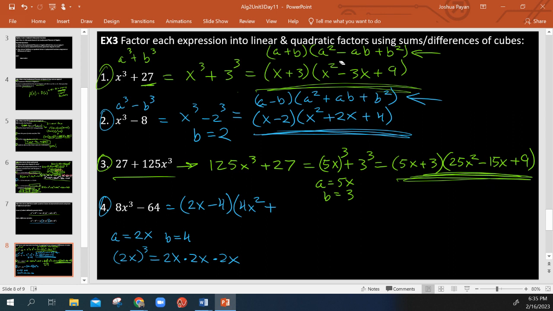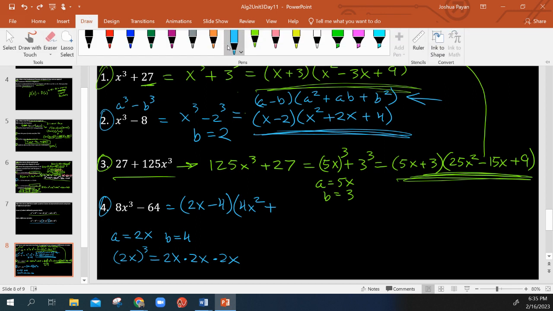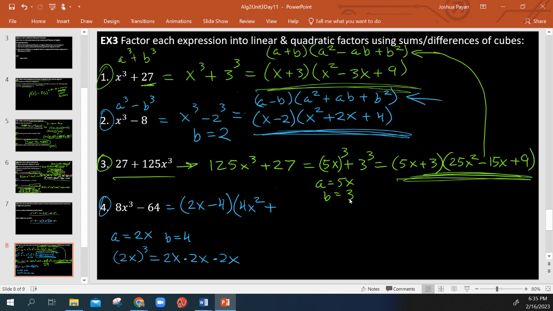So remember, sums of cubes have a minus there, right there. I told you it was going to happen. That makes me feel a little bit better, at least that I knew it was going to happen eventually. Anyway, so 4x squared plus a times b, so 4 times 2x, so 8x, and then plus 4 squared, so 16. And there I have it.